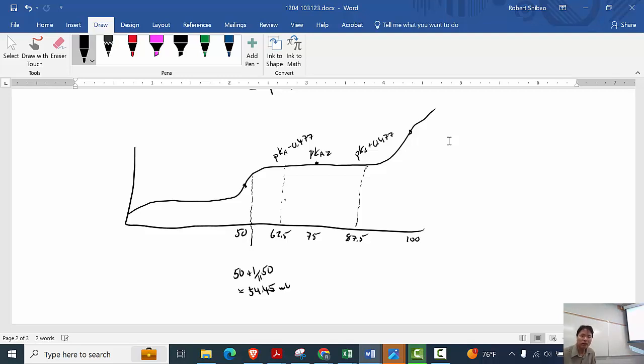How about the 10/11ths? Well, at the 1/11th, the pH is equal to pKa minus 1. At the 10/11ths, we're going to be at what?